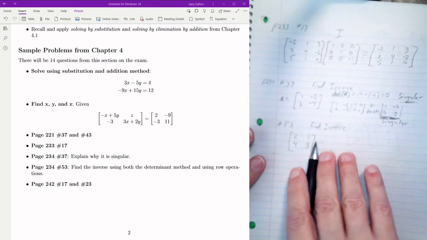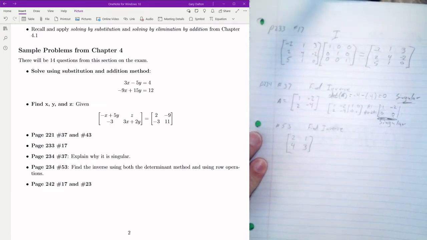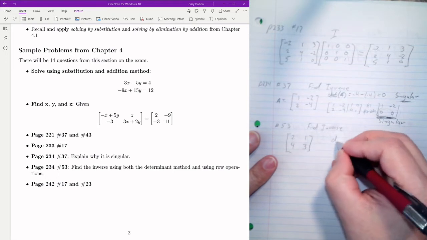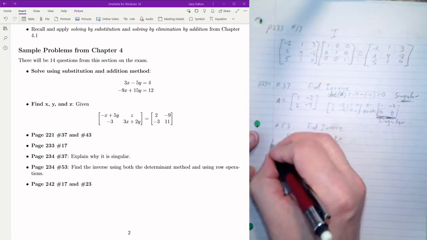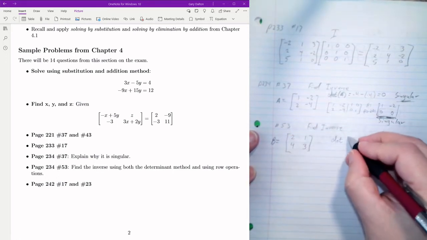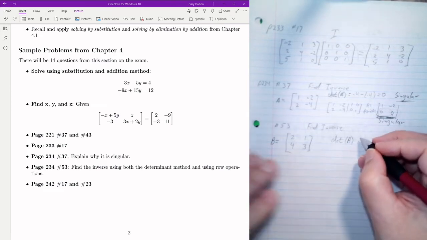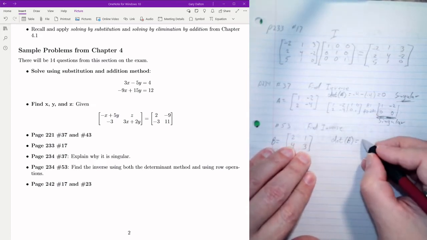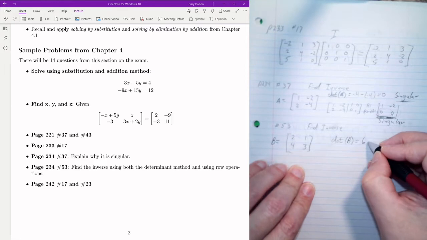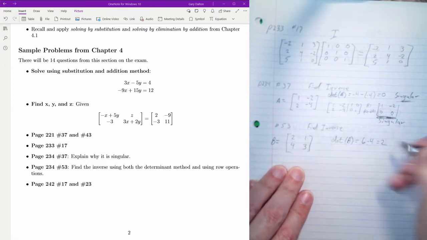Let's try it with this example. We're going to use the determinant method. So what is the determinant? We'll call this B. Determinant of B equals 2 times 3, which is 6, minus 4, so that equals 2.